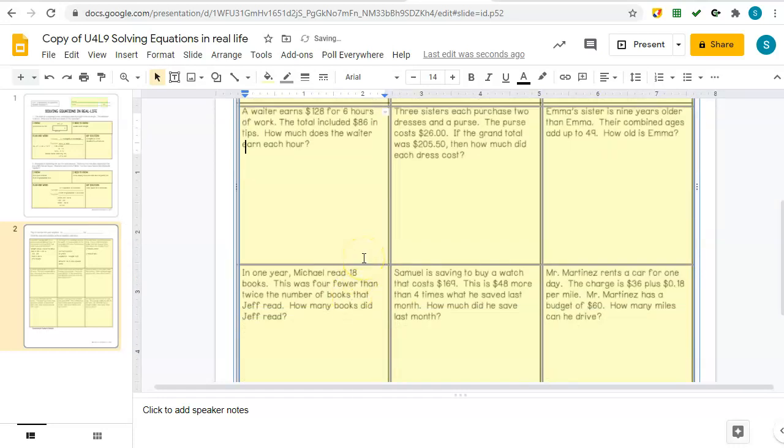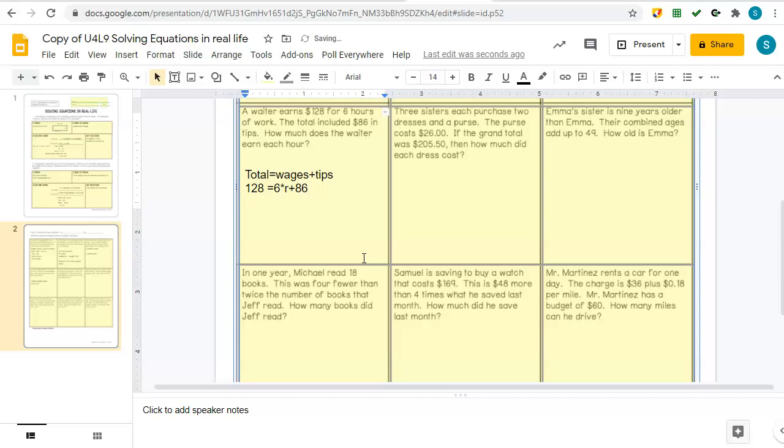A waiter earns $128 for 6 hours of work. His total income included $86 in tips. How much does the waiter earn each hour? So we know the total equals wages plus tips, right? So the total was 128, and that equaled 6 hours times the rate, R, plus the tips, which was 86.